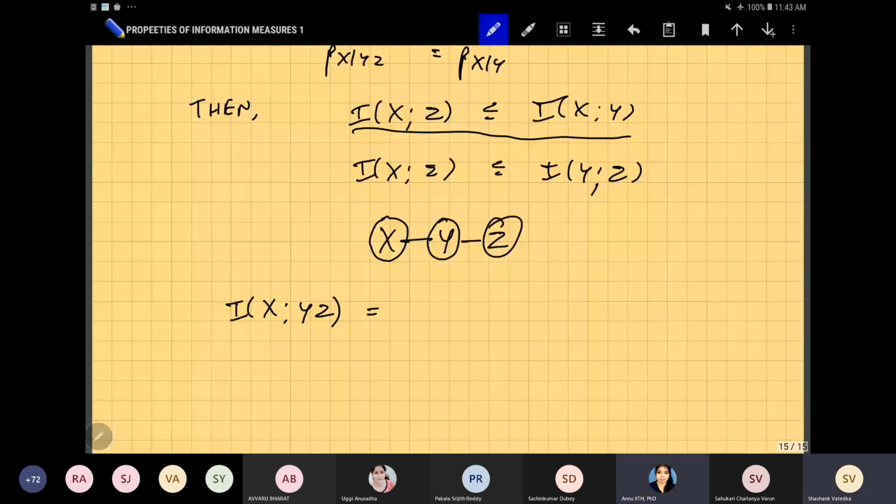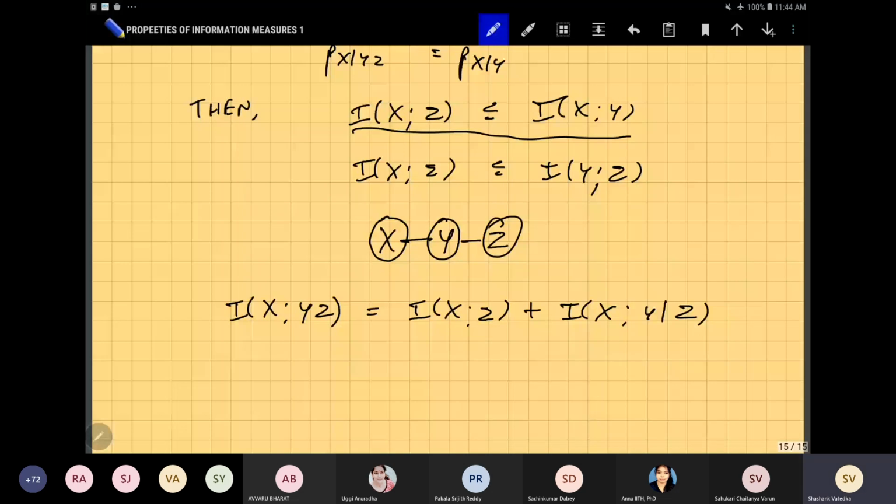Yes, I(X;Y) plus I(X;Z given Y). Are you sure? Okay, fine. If you want to write it that way, I(X;Z) plus I(X;Y given Z). So this is one way to expand this term.